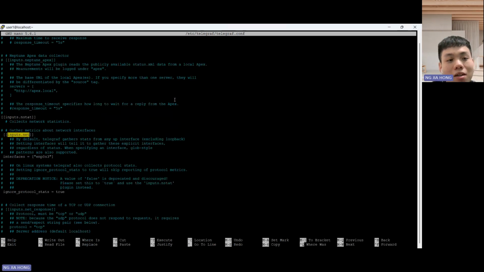For this, it will gather the metrics about the network interface. And for the interface, I have configured it to be using ENP0S3. So that's all for the metrics that I have enabled to retrieve from Telegraf.